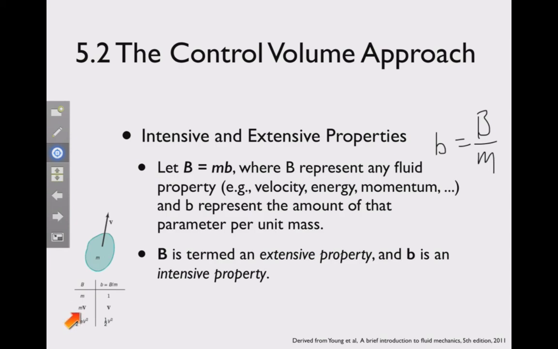Now, if we're interested in an extensive property of momentum, we can see that if we divide the momentum by mass, the intensive property is velocity. And correspondingly, if we're interested in kinetic energy, the intensive property is 1/2 v squared. Okay, so we have somewhat of an idea of what the extensive properties and the intensive properties are, capital B and little b.